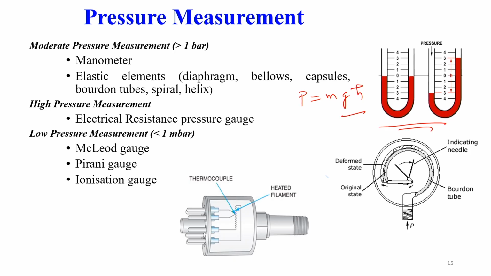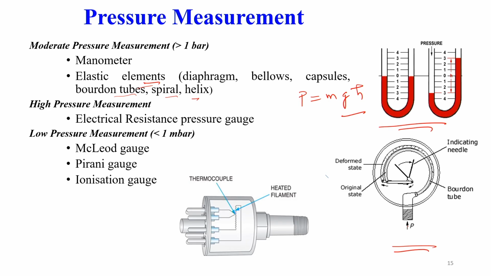In addition, there are pressure gauges with elastic elements like diaphragm, capsules, Bourdon tube, spiral and helix. This is the figure of the Bourdon tube.